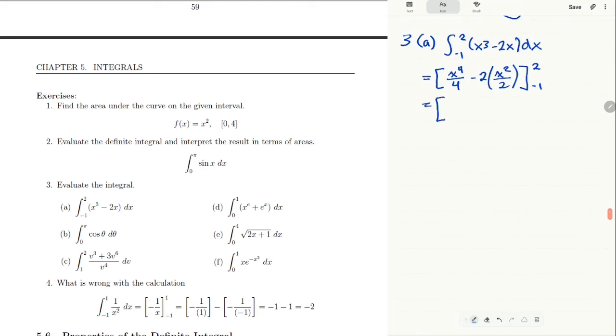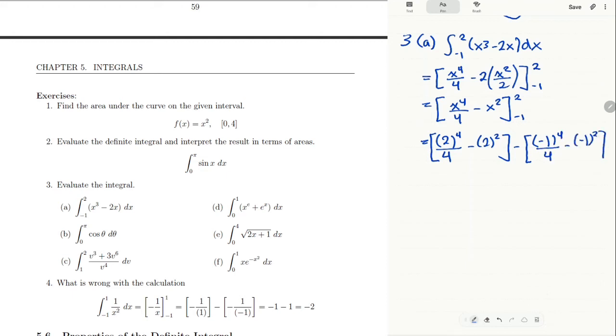So let's first simplify. We have x to the 4 over 4 minus x squared, evaluated at 2 and negative 1. So we substitute 2 into the antiderivative, which gives us 2 to the 4 over 4 minus 2 squared. Then we subtract the evaluation at the lower limit. So we have negative 1 to the 4 over 4 minus negative 1 squared.